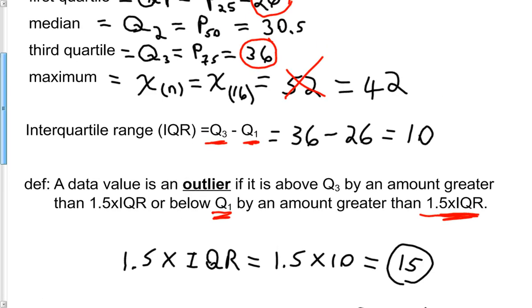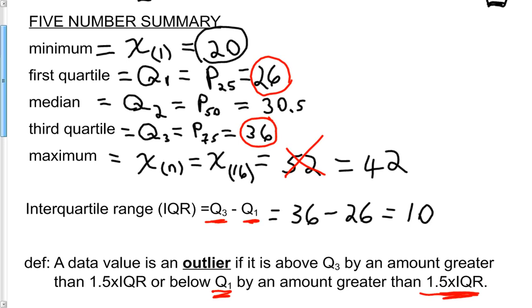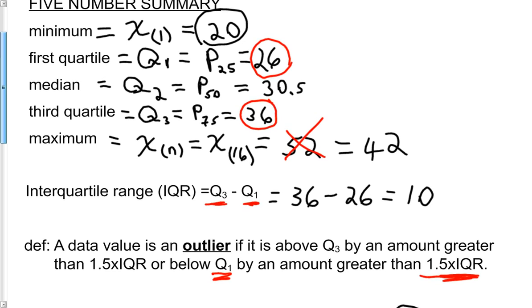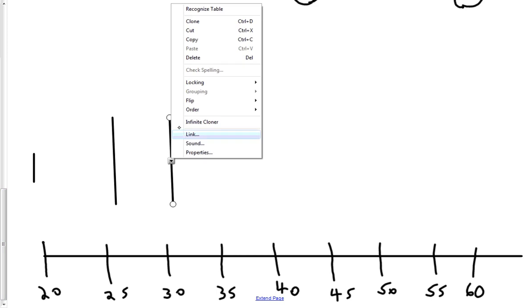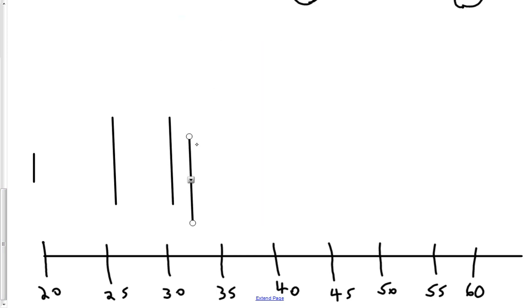And I'm going to do the same thing for the third quartile, which is 36. Let's make another one above 36, and there we go. 36 is right around there.